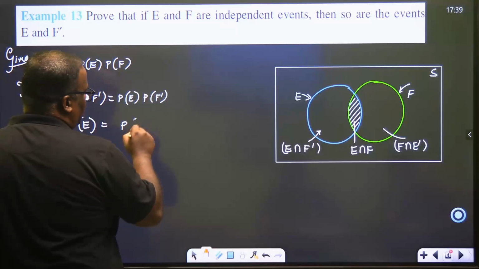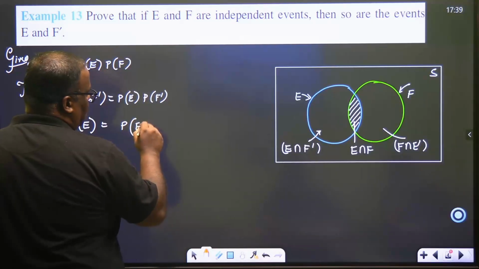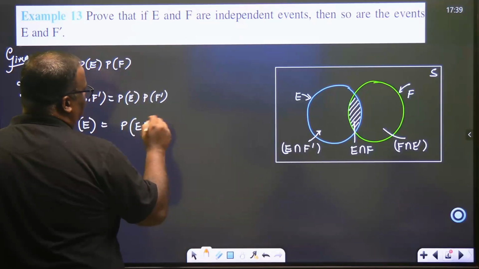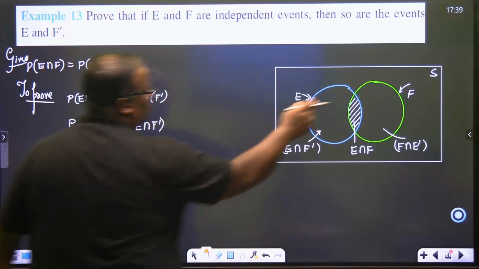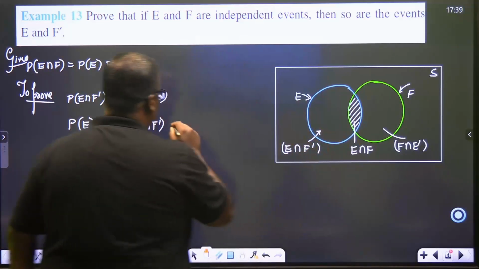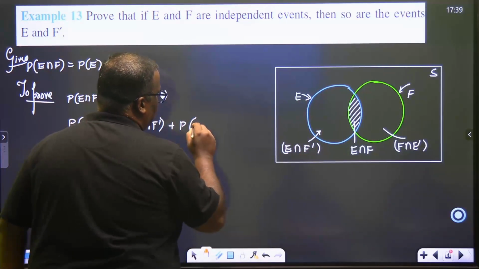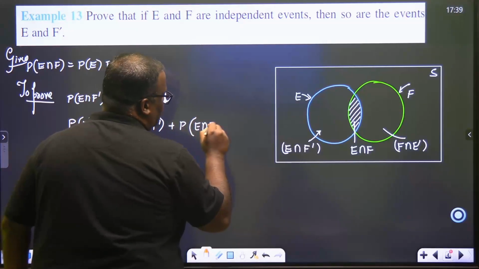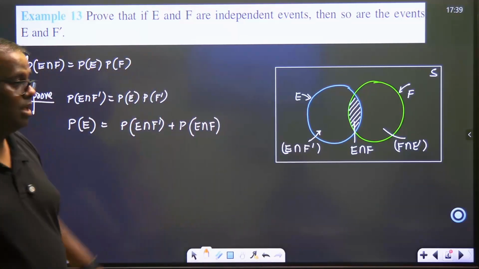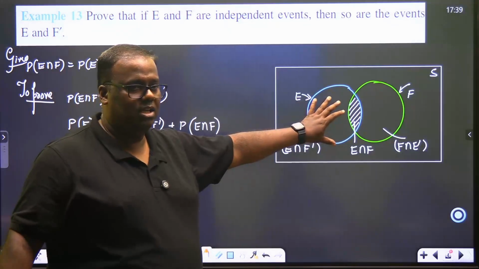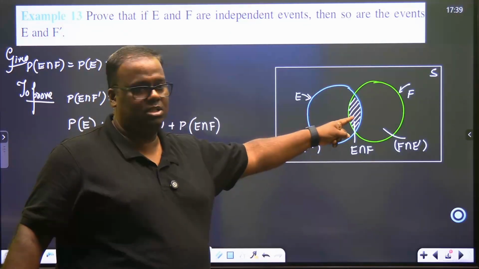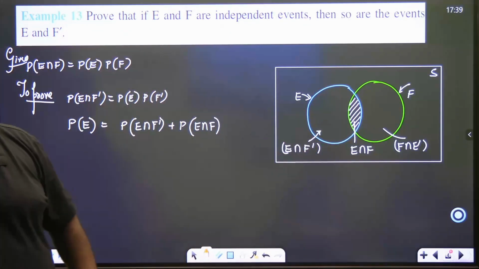P of E is P of E intersection F complement, this much, plus P E intersection F. Just see. The whole circle E is this much plus this intersection. Can we write that?